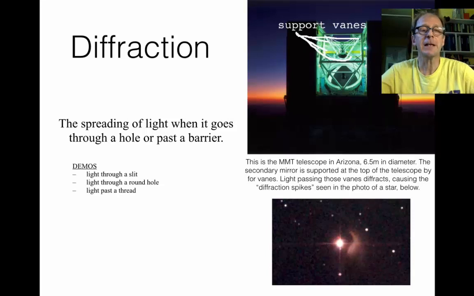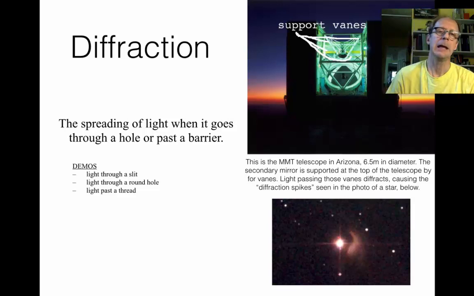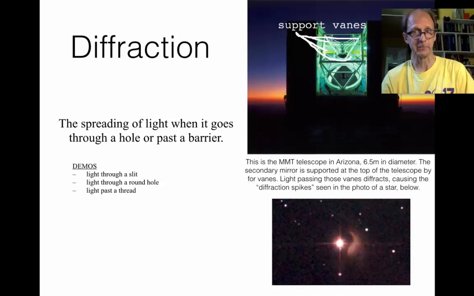Diffraction. Remember, diffraction was the spreading out of light when it goes through a hole or past a barrier. Well, a telescope is a hole. It's that bucket. And when light enters, even a refractor, even without a secondary mirror, the light will diffract.